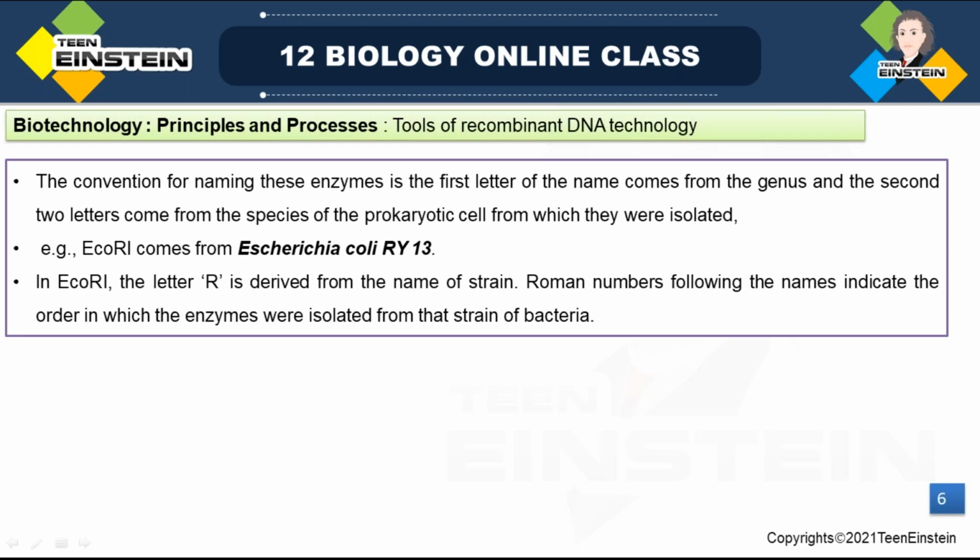The first letter is from the genus, and the second two letters are from the species of that particular strain. For example, here, EcoRI.